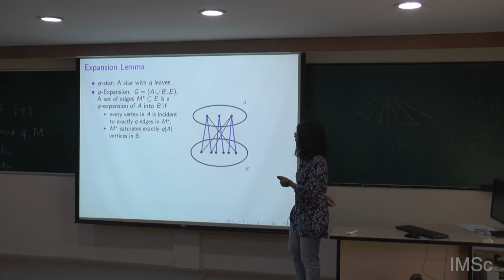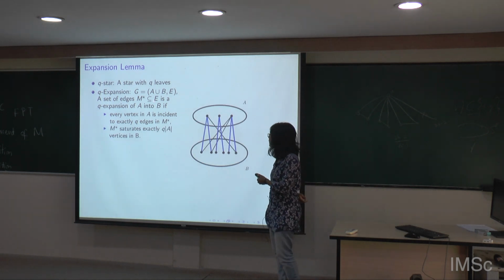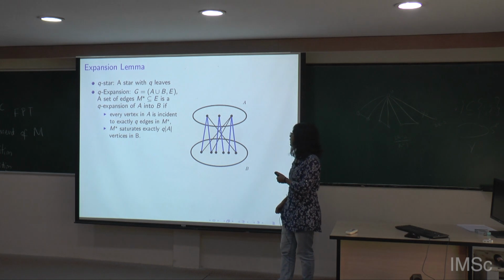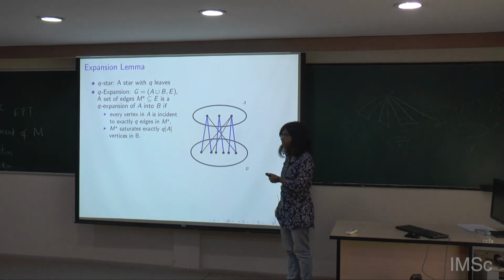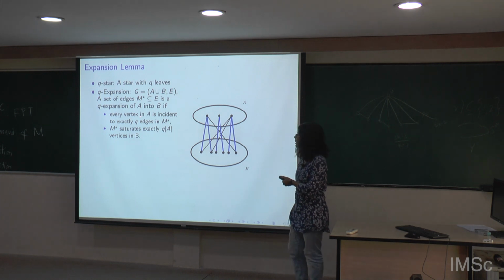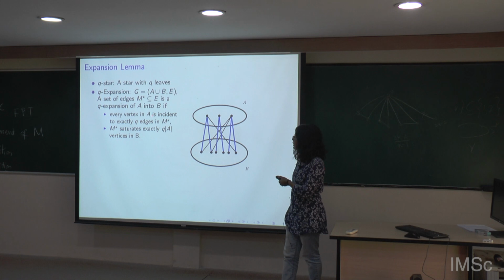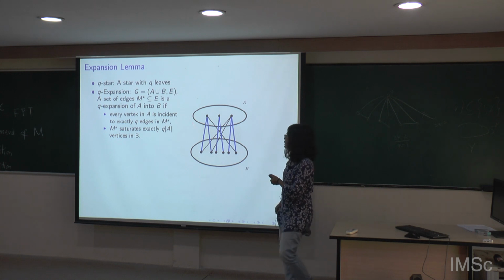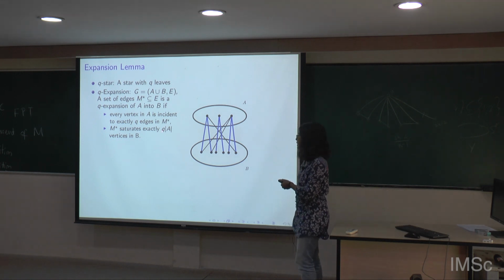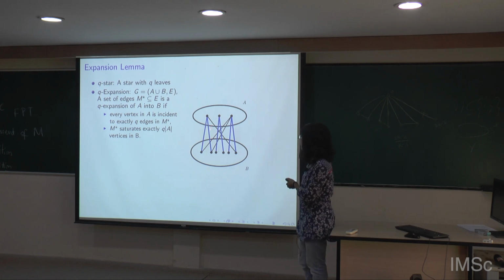Given a bipartite graph with parts A and B and edge set E, a subset of edges M star is called a q-expansion from A into B if every vertex of A has q neighbors. Let us first look at an example. Here I am showing a 2-expansion.